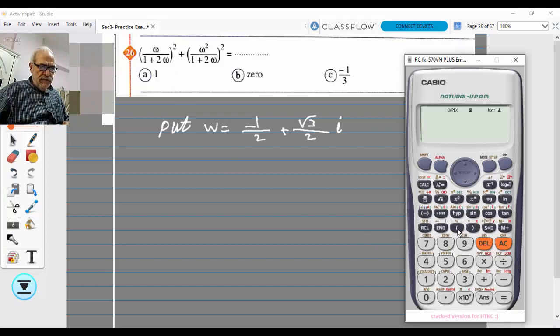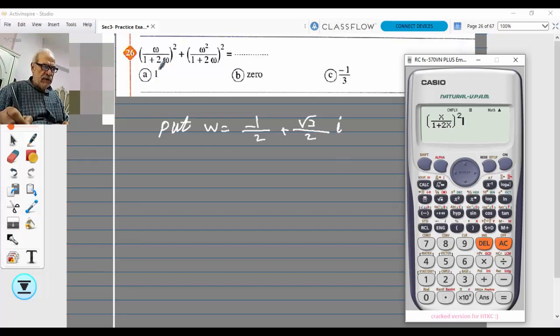So we write the first bracket, fraction x over 1 plus 2x, all squared.